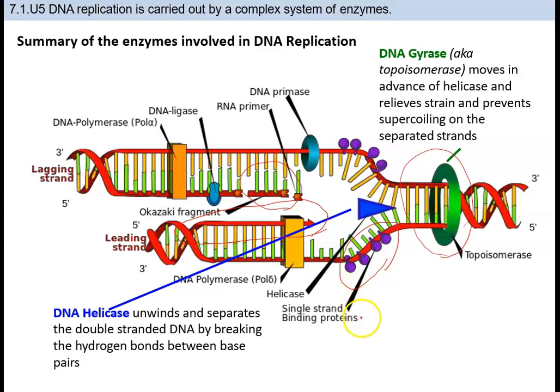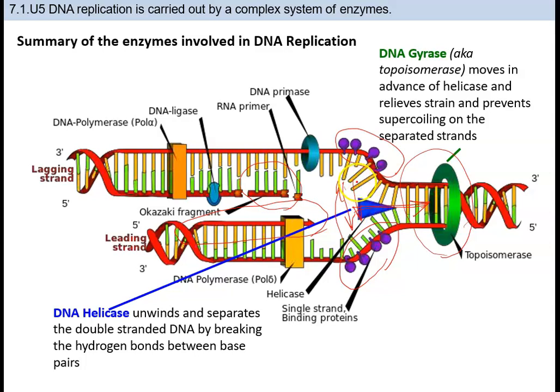There is one more function that you can see over here. These are single-strand binding proteins. Their function is that somebody has to be there to not allow these strands, after separation, to go back to themselves again. Imagine that this helicase is moving forward, and there is a possibility that the strands come back together again.